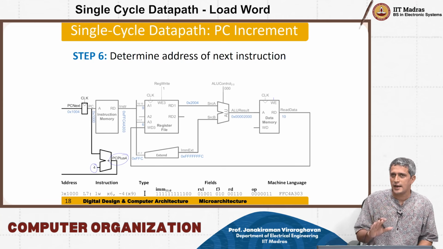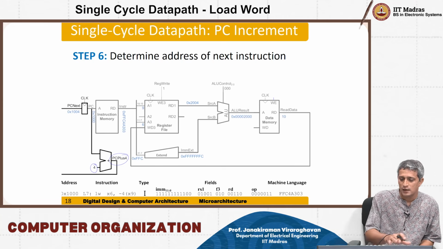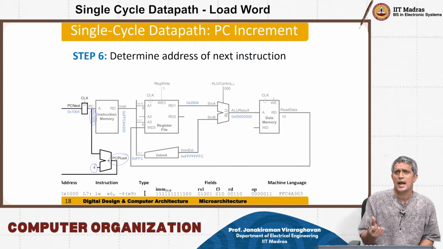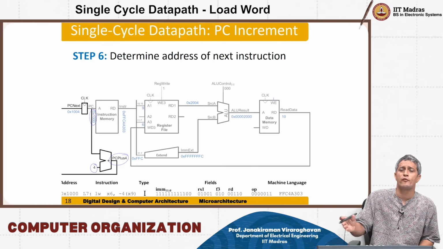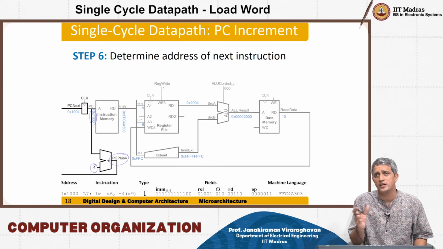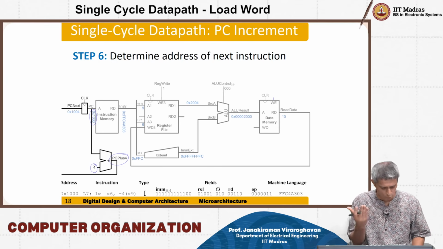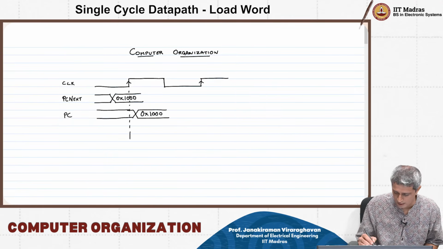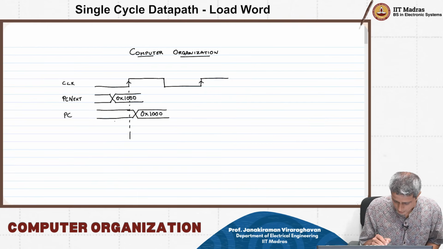Again, I'd like to remind you that as soon as this PC value is ready, this adder will just add 4, and well before the load word instruction is completed, PC plus 4 will be ready.